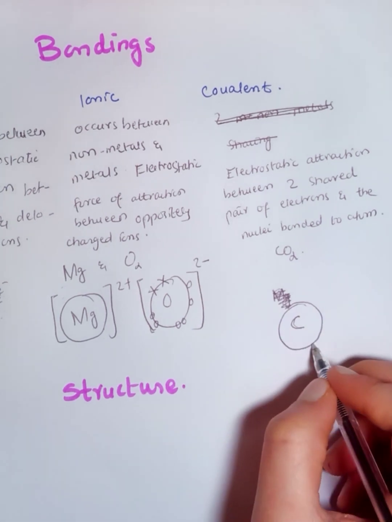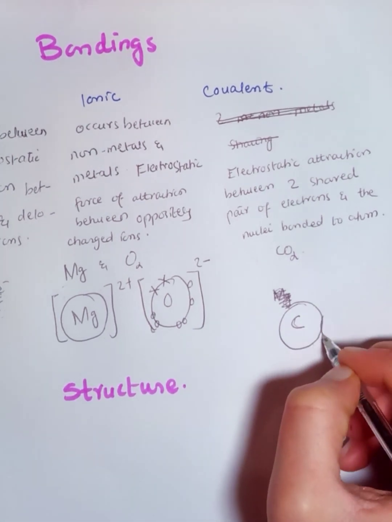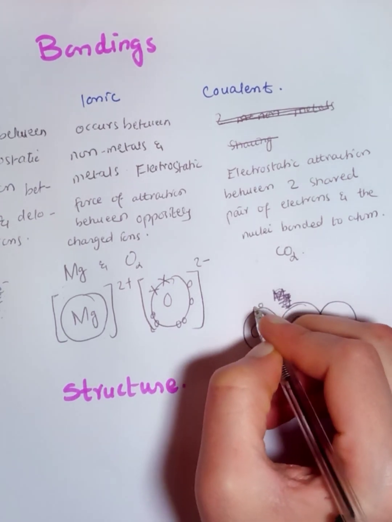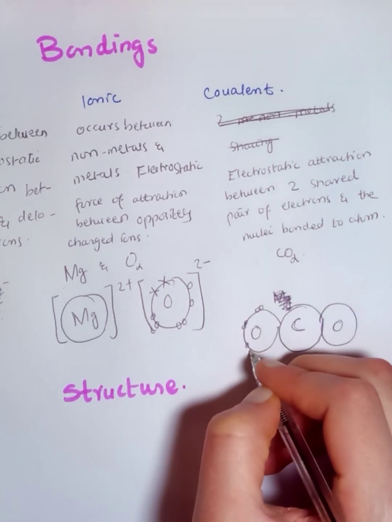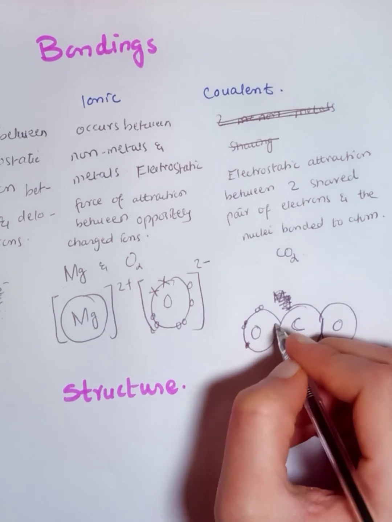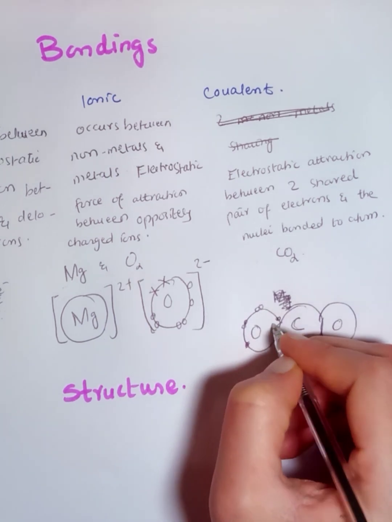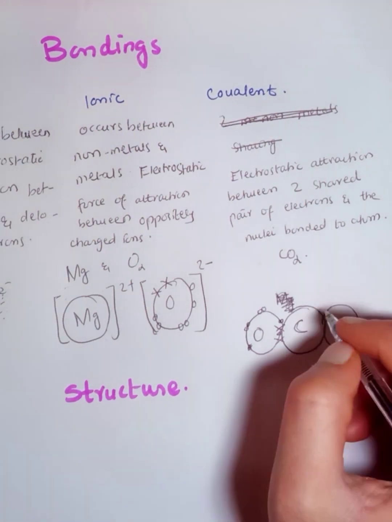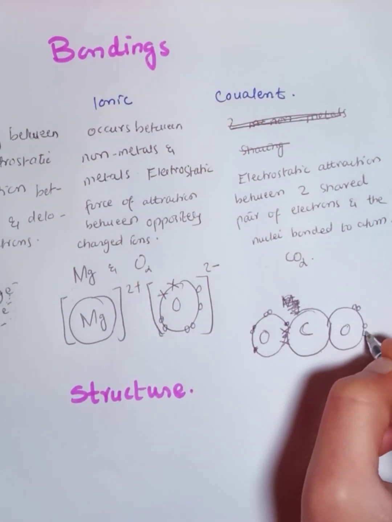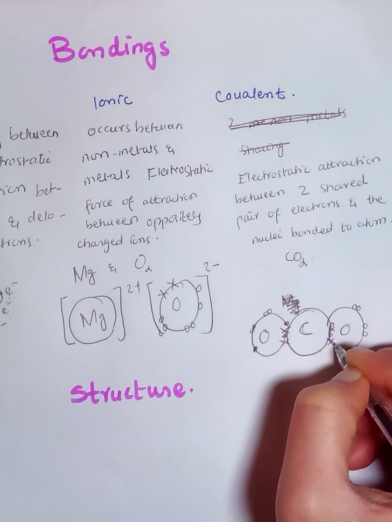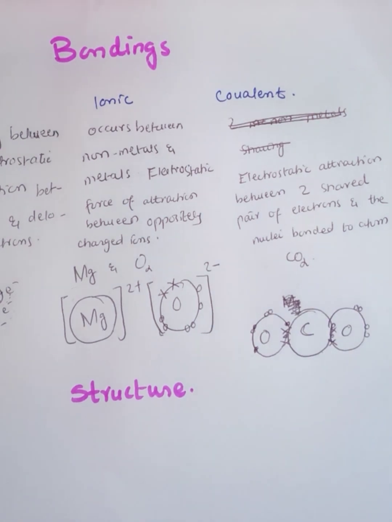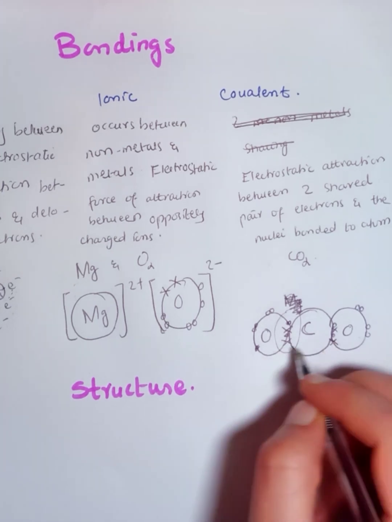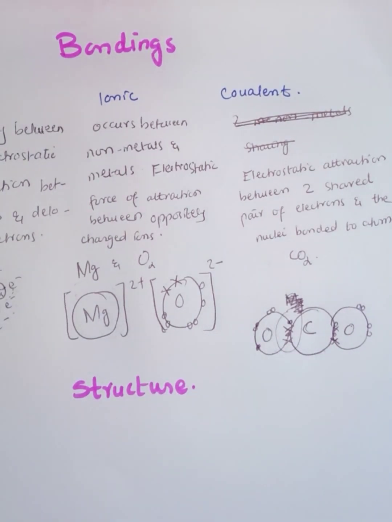In order to do that, it will form 2 bonds with each oxygen, sharing 2 electrons with the carbon. Same goes for this one. And as you can see, it has formed covalent bonds between the carbon and the two oxygen atoms.